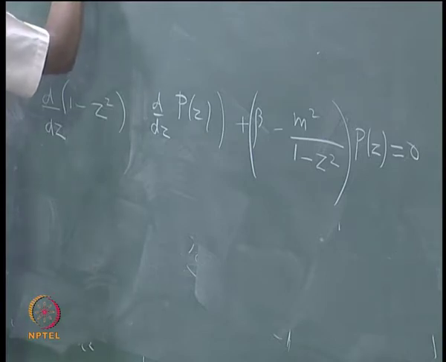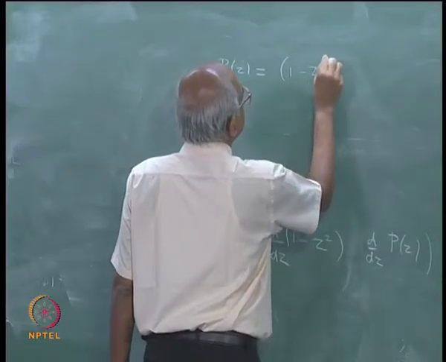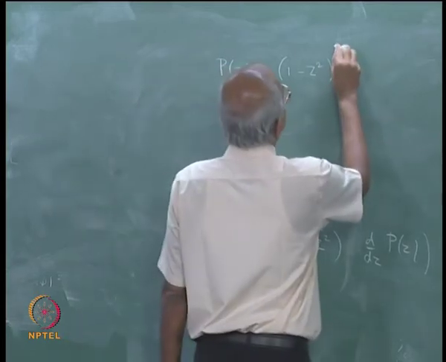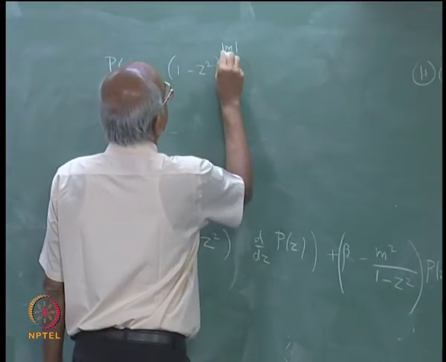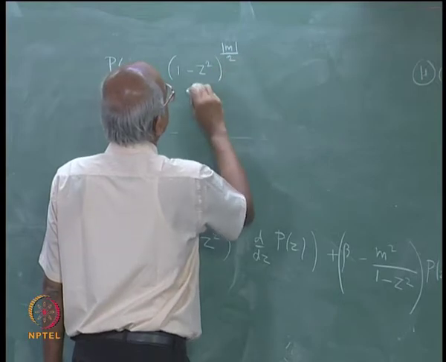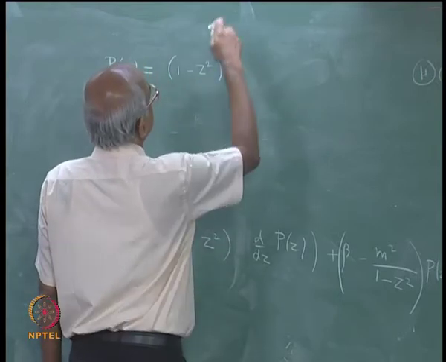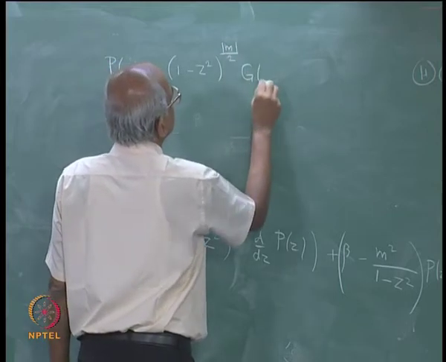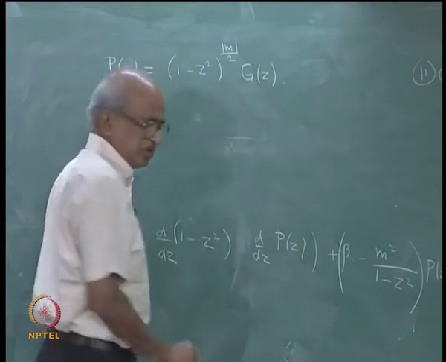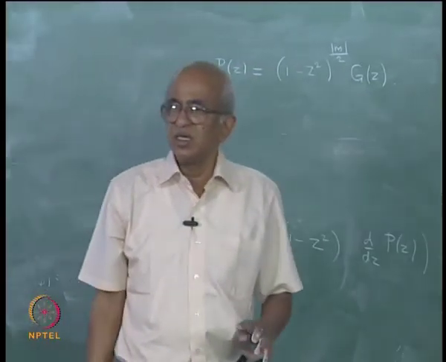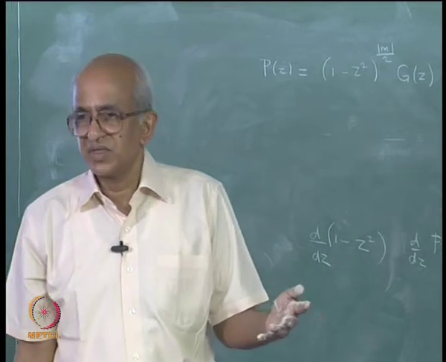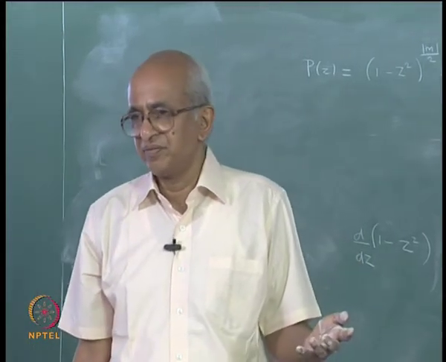What I now want to do is write this P of z as 1 minus z square to the power of magnitude of m by 2, into an unknown function G of z, and then I will ask what is the differential equation that G obeys.